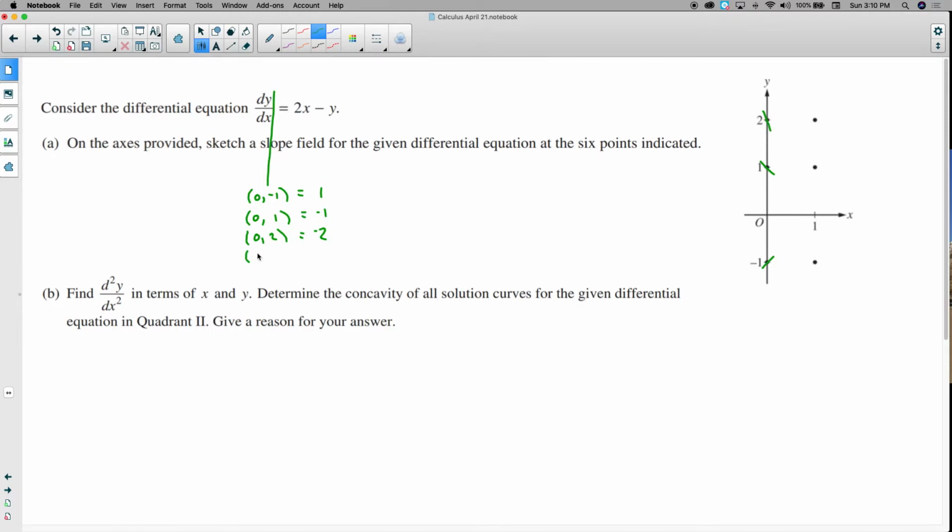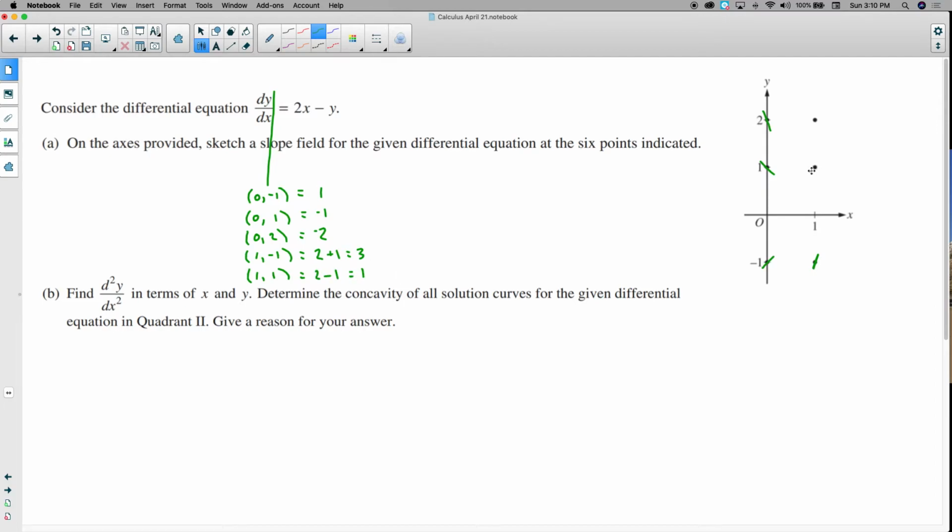Okay, and then what do we've got? We've got 1, -1. And 1, -1 is going to be, let's just slow down here so I don't make a silly mistake. That'd be 2 + 1 for 3. So this one's looking more steep. And then we've got 1, 1. And then that's 2 - 1 for +1.